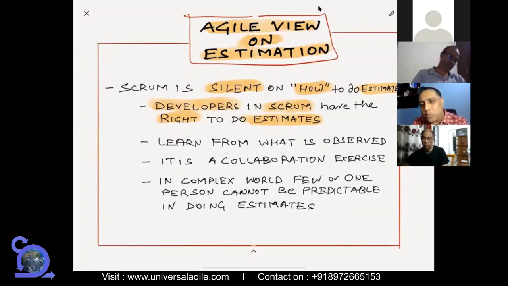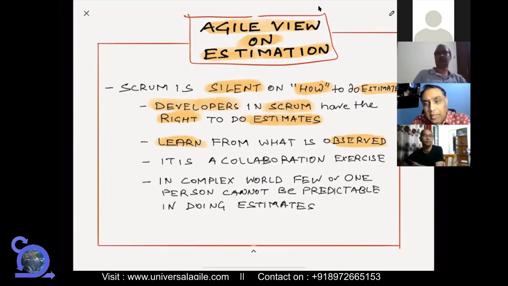If somebody else does, what will happen? Will you get predictability? No, right? So that makes logical sense. The bottom line is the people closer to the work should do the estimates. Now, what is the other view? Learn from what is observed. Remember, this is one of the things from empiricism also.